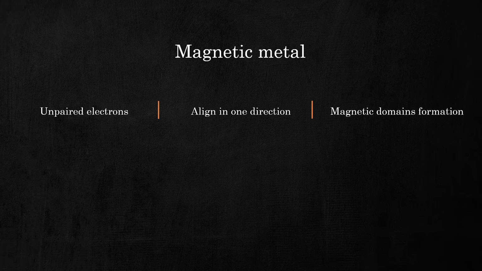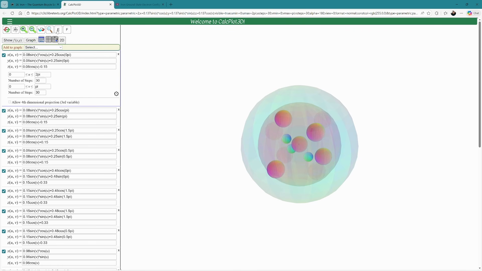Now let's see why stainless steels like 304 and 316 are non-magnetic, while regular carbon steel or other alloy steels are magnetic. A metal becomes magnetic only when three things happen together inside its crystal structure.